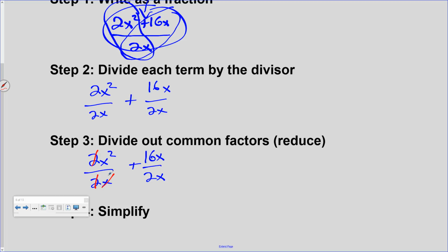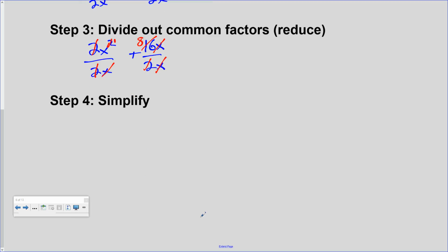X squared over x is just going to be x to the first. 16 over 2 becomes 8, and x over x gets canceled. So really all that's left in this guy is this x to the first right here. All that's left on the other one is 8. So all we have is x plus 8.